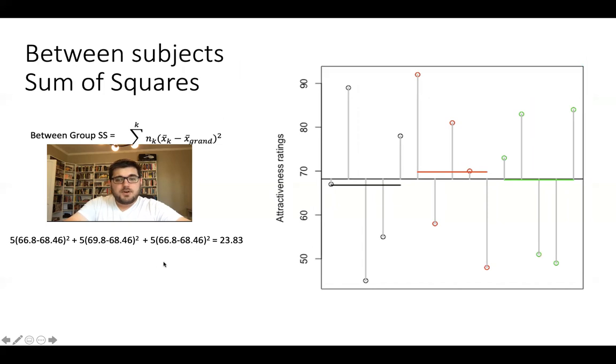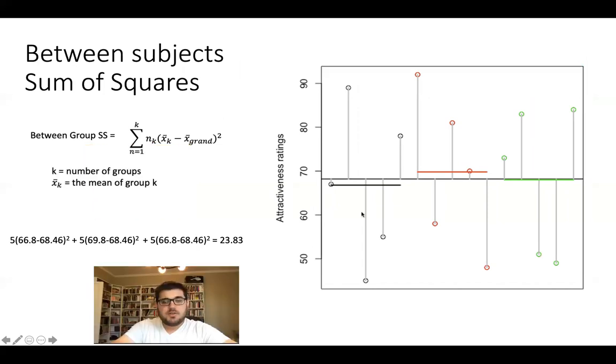For an ANOVA, what you then do is you look at the between groups or between subjects sum of squares. So you take the mean of the group and say how far away is that group mean from the grand mean. The non-coffee drinkers are represented by this black bar right here. If you average all these points together, you would get a mean of like 67-ish.